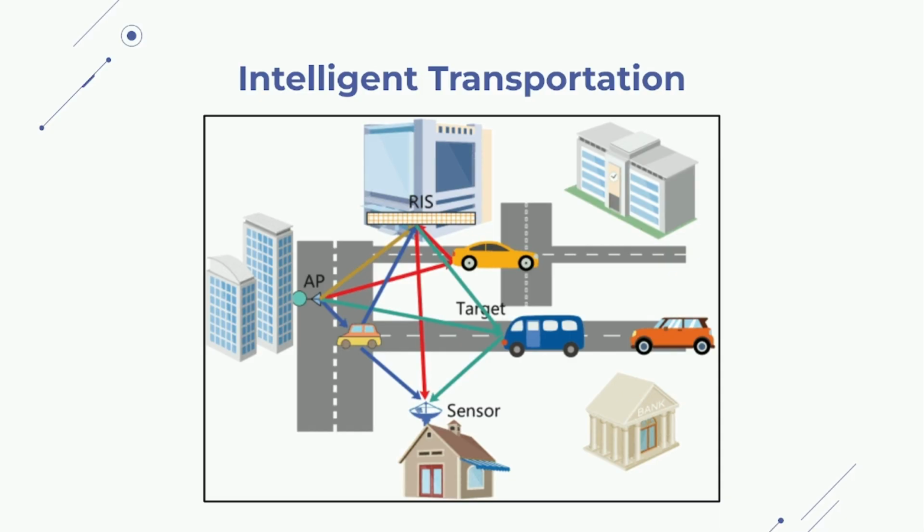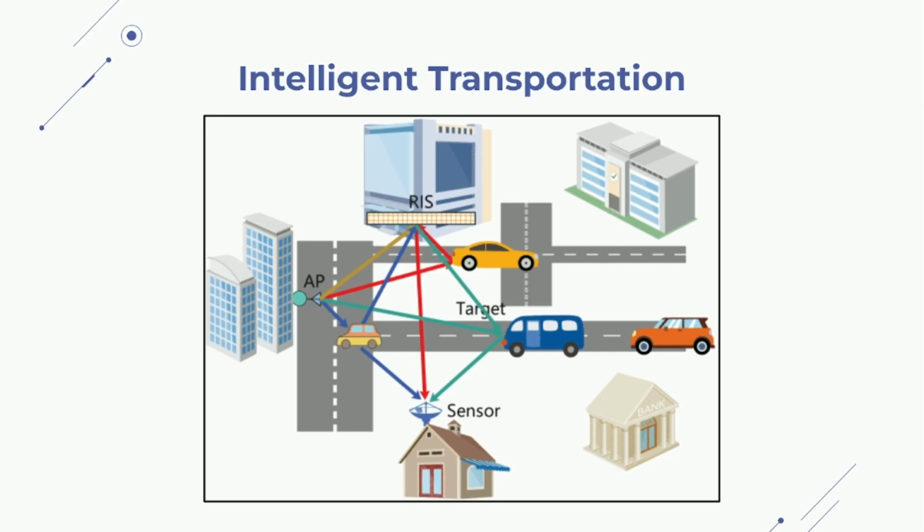The RIS is the top center, mounted on the building, which dynamically adjusts its phase shifts to manipulate signal directions through some programmable controller like an FPGA or microcontroller, like we mentioned earlier. There are several vehicles which are our targets. The AP signal bounces off the RIS, interacts with the vehicles, and then gets scattered.